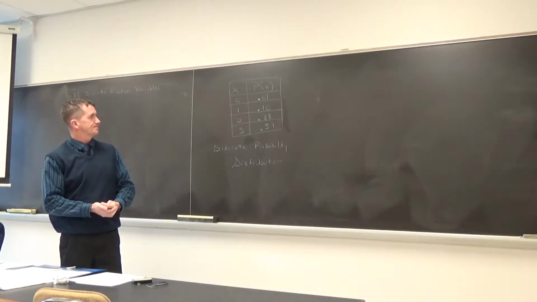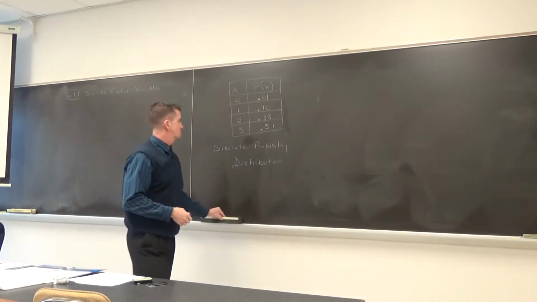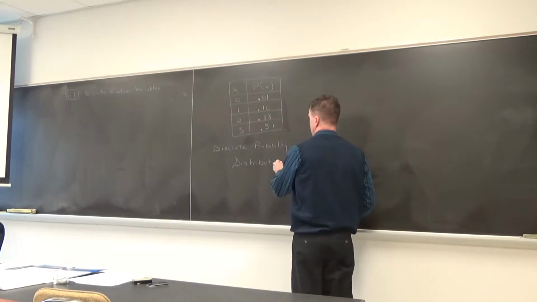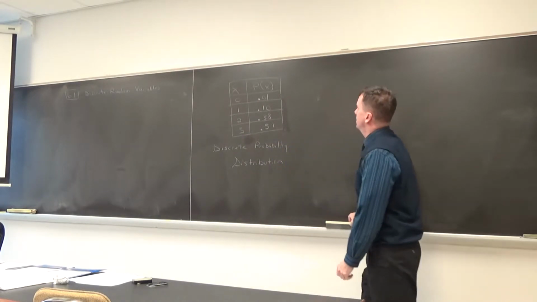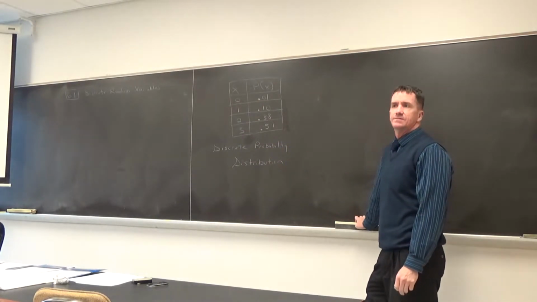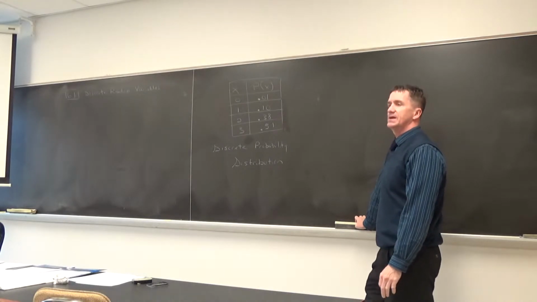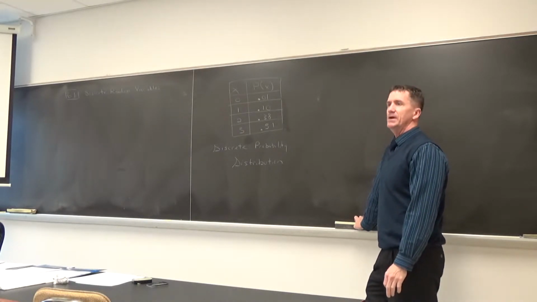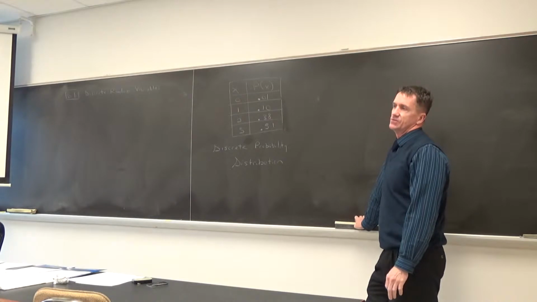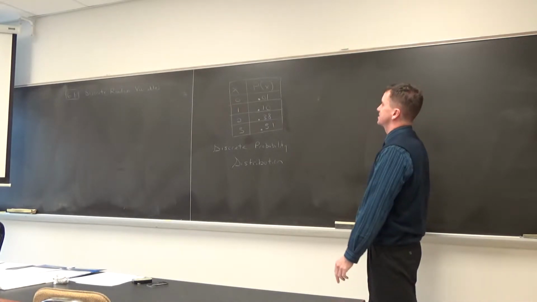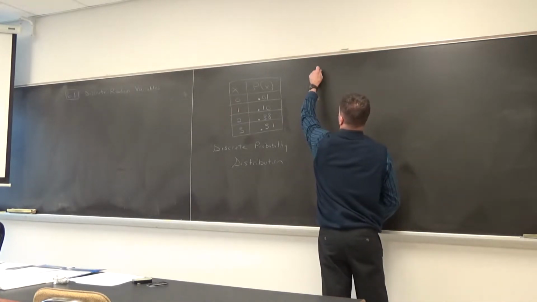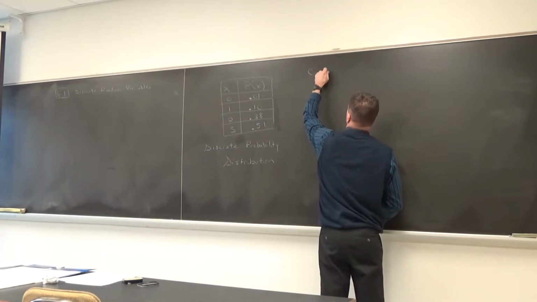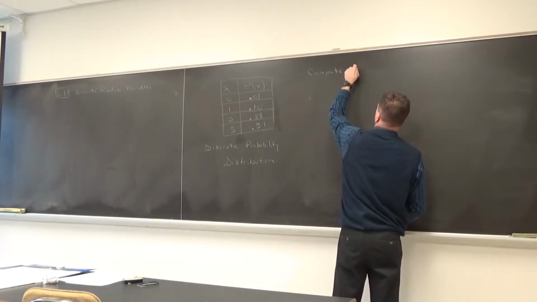All right. And what we're going to do with this discrete probability distribution, we're going to compute the expected value. If they're going to get 3 attempts at the basket, how many baskets do we expect the individual to make? So we're going to compute the expected value.